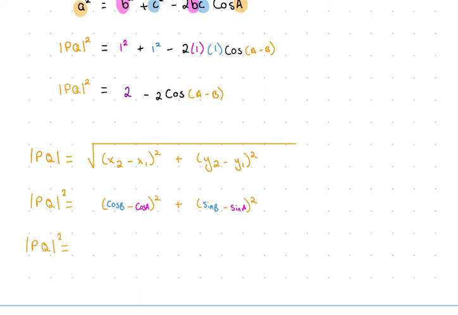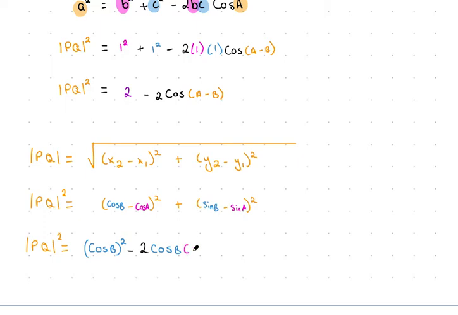So when I square out cos b minus cos a, what I'm going to get is cos b all squared. Then it's going to be twice the product. So twice the product is going to be a negative, so minus 2. And then the product means multiply. So it's going to be 2 cos b cos a.